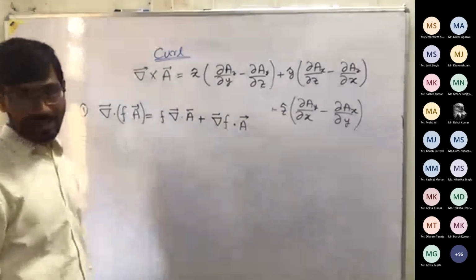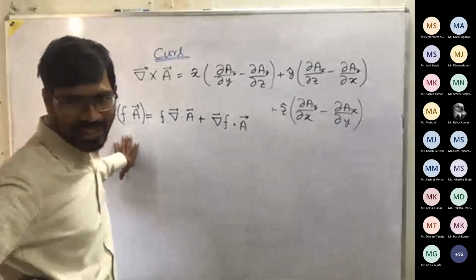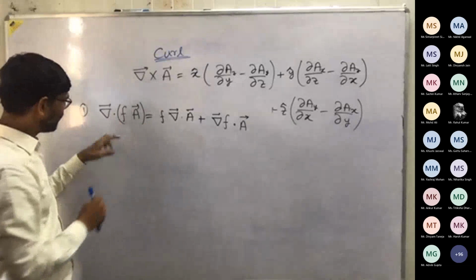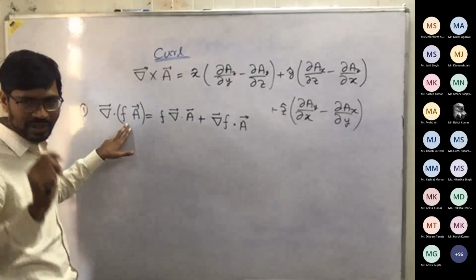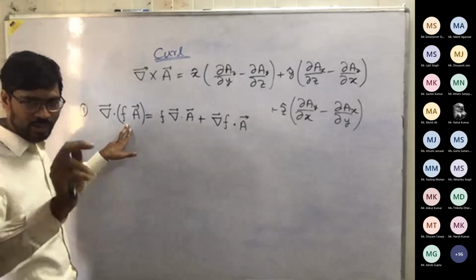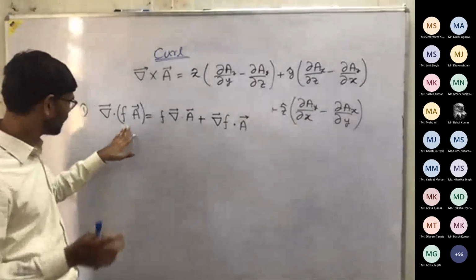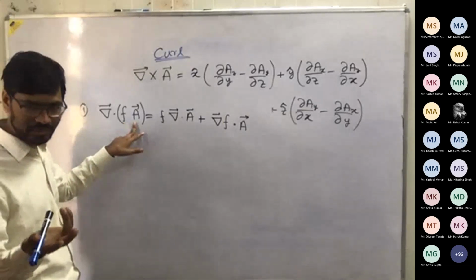Now, if you are not sure that this is correct, then you have to prove it by yourself. It's very easy. This F is just a scalar quantity. It's not a constant, but it is space dependent. It can be like x, y, z, or x square, y, z cube, any scalar function. A is a vector function, vector field.